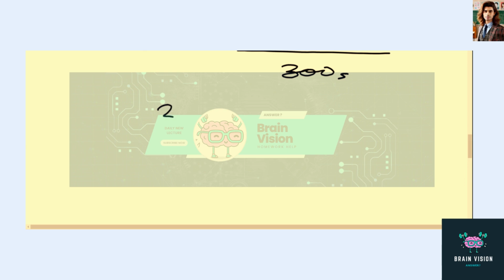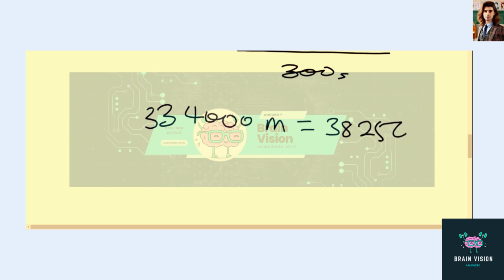That should give us 34000 M is equal to 38250. Remember, this is multiplied by this. That is how come we have this.